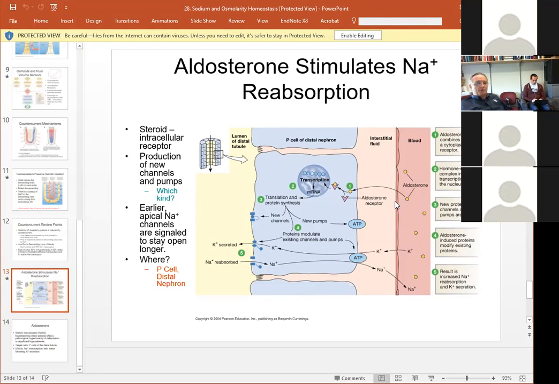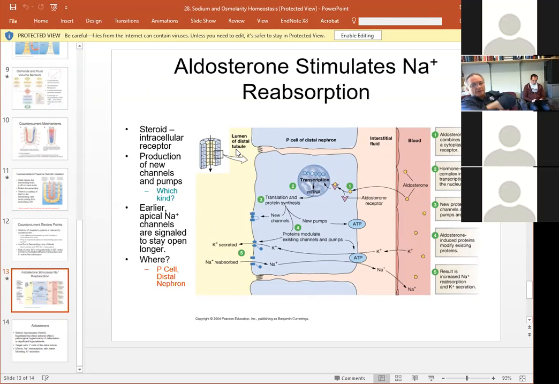Constitutive reabsorption, we talked about in the first lecture, that sodium and chloride and water are reabsorbed, a large fraction of it, in the proximal convoluted tubule. Aldosterone fine-tunes the sodium reabsorption at the end of the distal convoluted tubule.